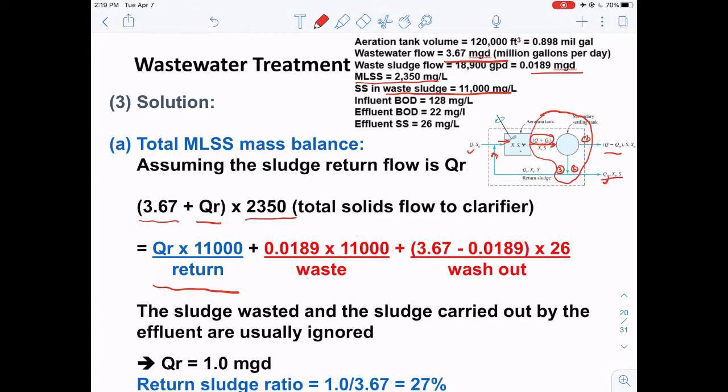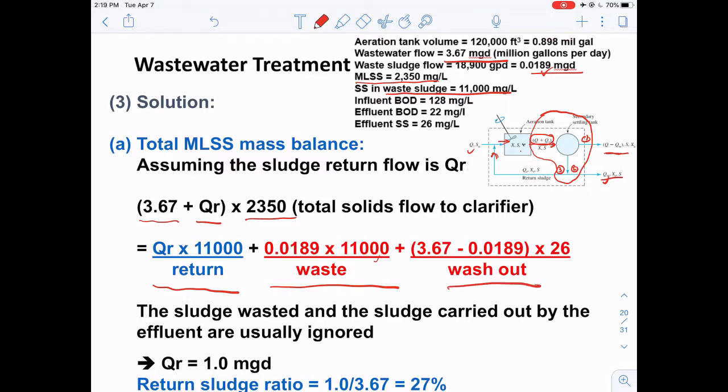Then we also need to consider the suspended solid mass in the waste. We know the flow rate and the concentration, so we multiply them together. And then we need to consider the suspended solid mass through this effluent.